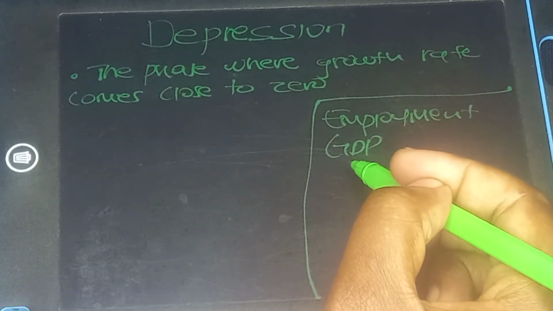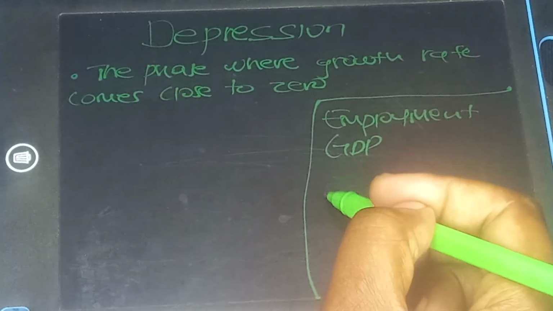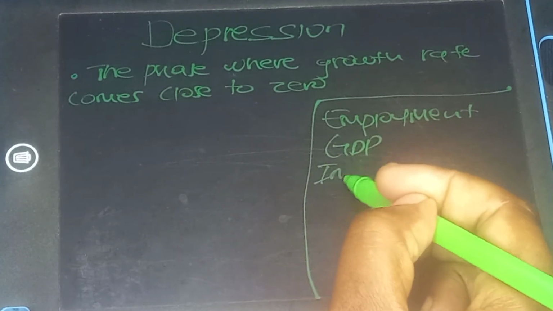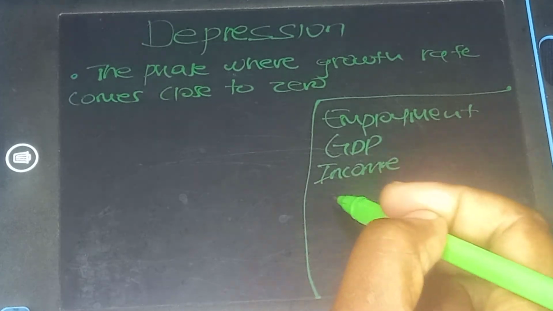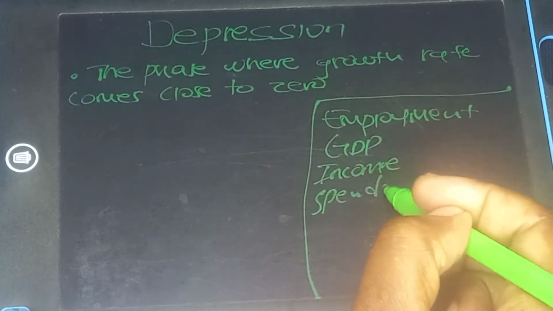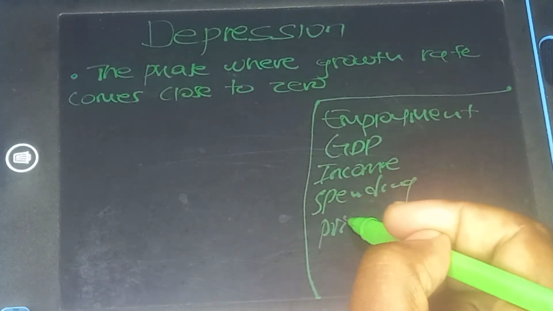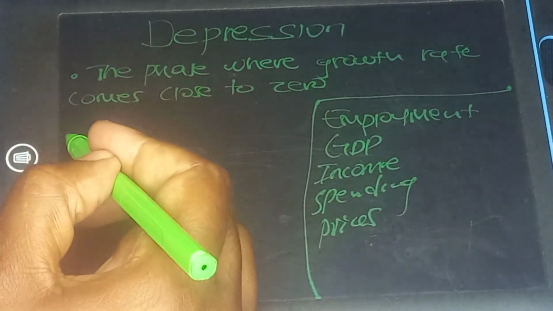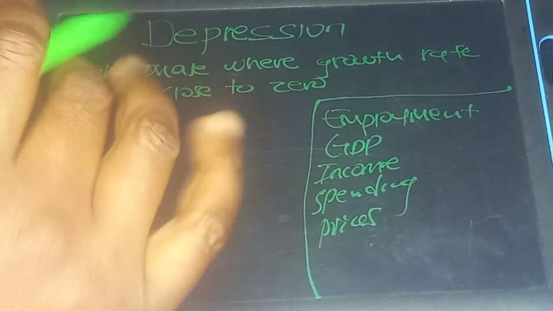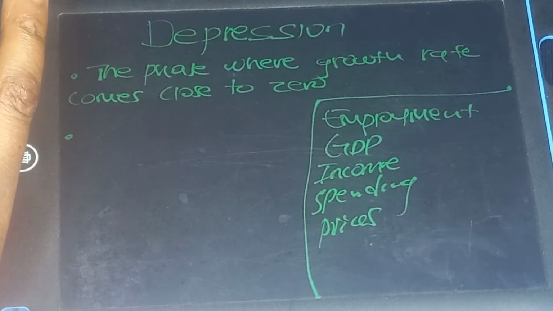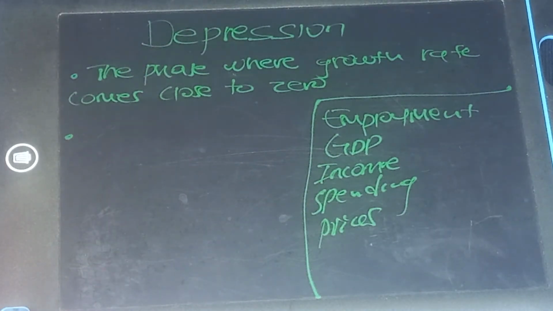Remember GDP, you can also use production on this one. Income, spending, prices. Okay, now remember here this is the worst state, so there's an extreme decrease.